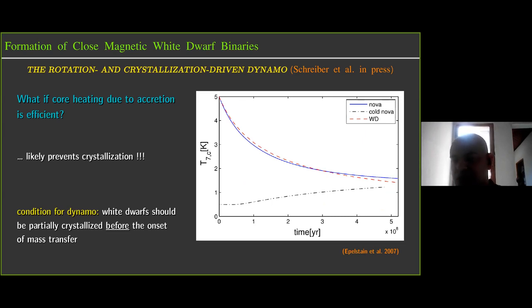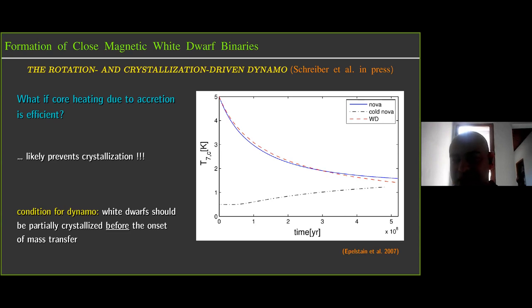But the time scale should be long, and I don't know what's the impact on the magnetic field, because according to our model, given this time scale here, the magnetic field should be generated before it affects the core. So I don't know what would happen after the core is being melted.